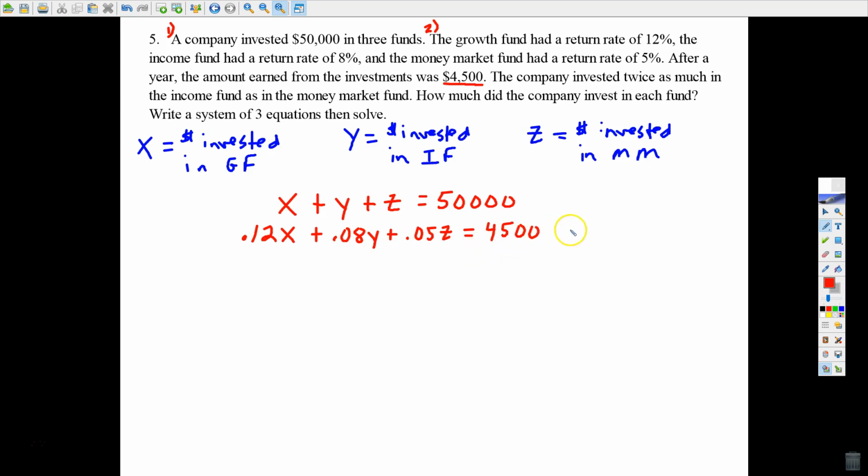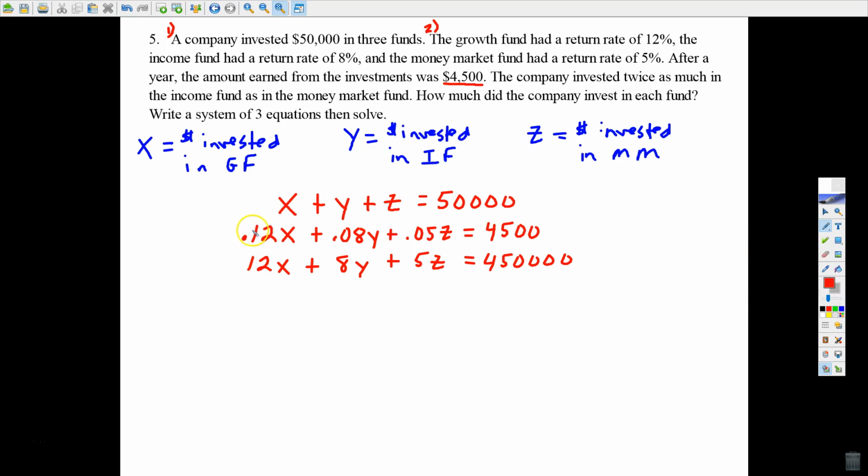Don't forget to do the same thing to the number on the right side of the equation. So if you want to not deal with decimals, this equation becomes 12x plus 8y plus 5z, and then the number on the right side would be, just think 4,500 times 100, so you have 450,000.